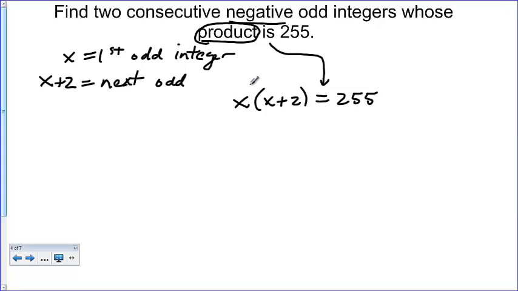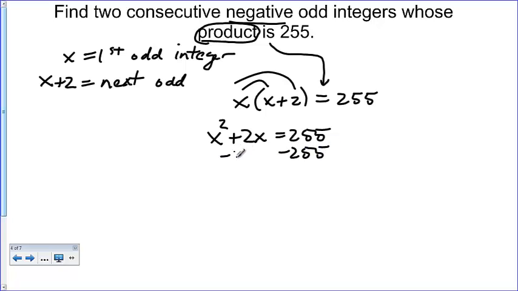Let's clean up the left side by distributing the x. Let's bring the 255 over by subtracting 255 from both sides. And I get x squared plus 2x minus 255.